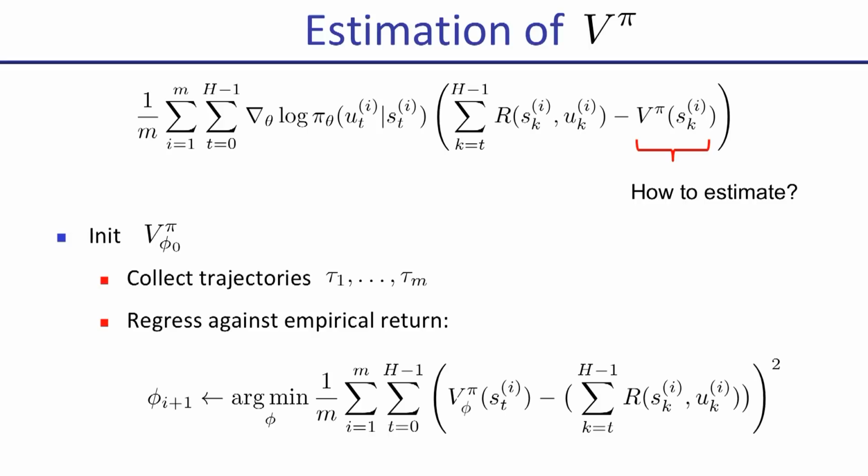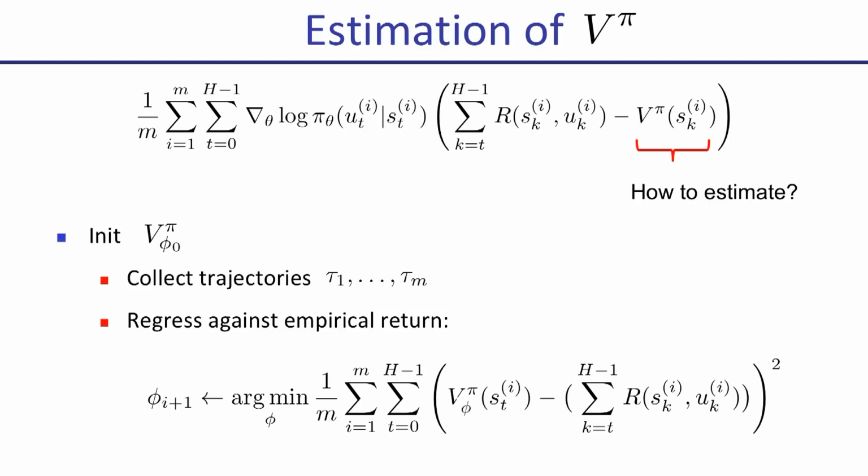So here's what you would do. You would collect a bunch of trajectories under your current policy. And then you would do an optimization where phi is your parameter vector. You're going to have a separate neural net, maybe, for the value function, and a neural net for the policy. Value function neural net parameterized by phi. You want this neural net, for the state that you experienced, to predict whatever rewards you got after you were in that state.